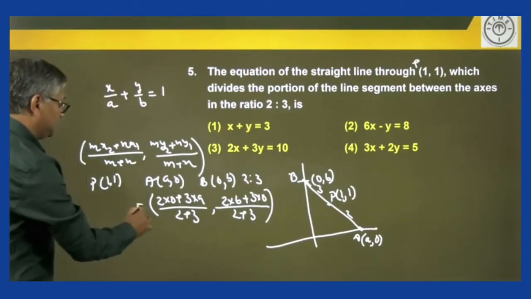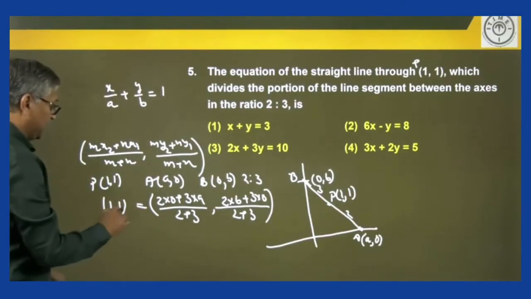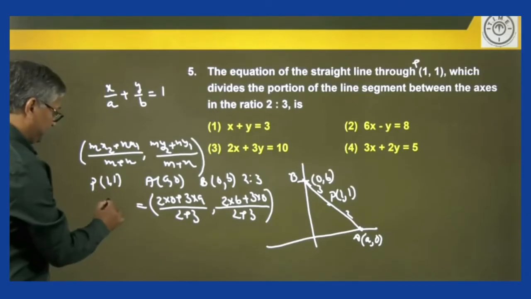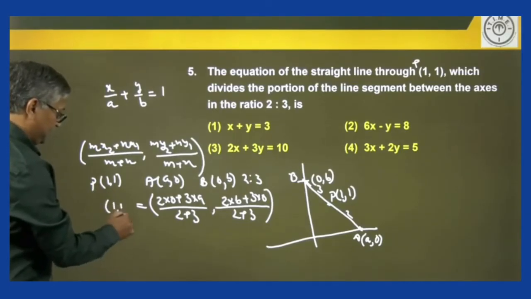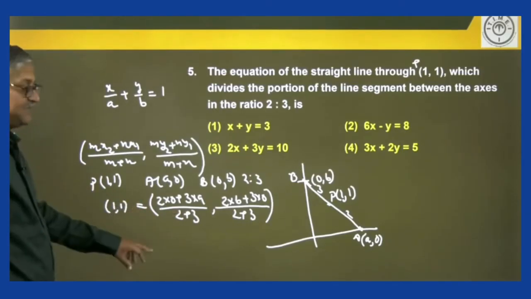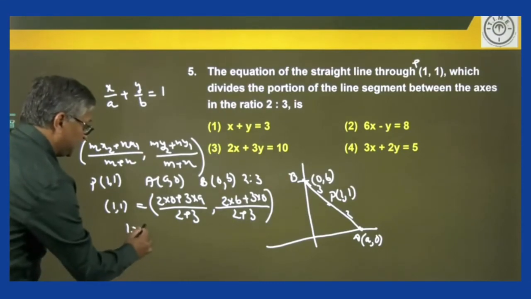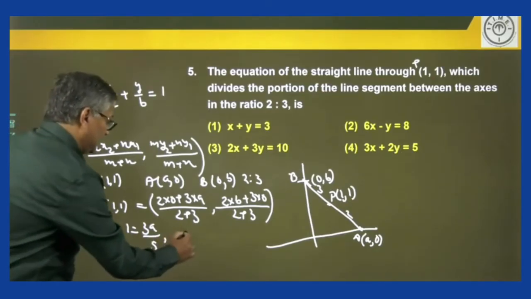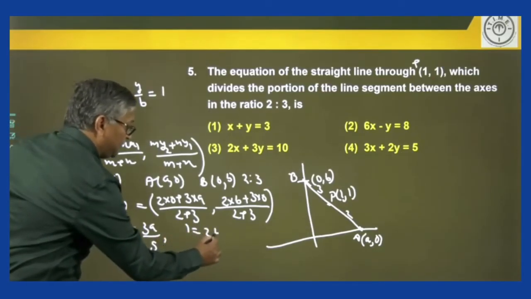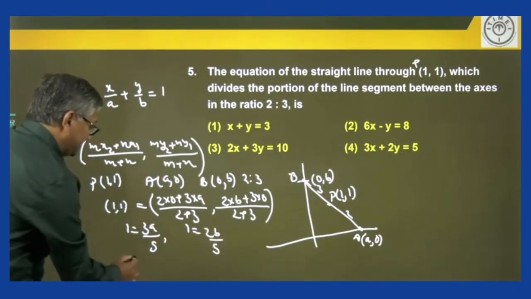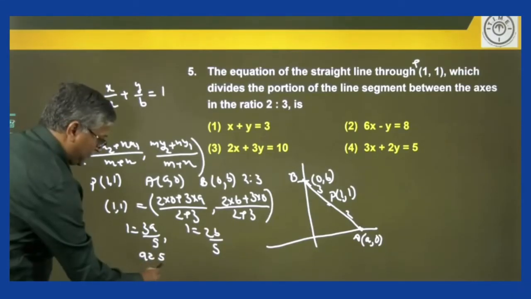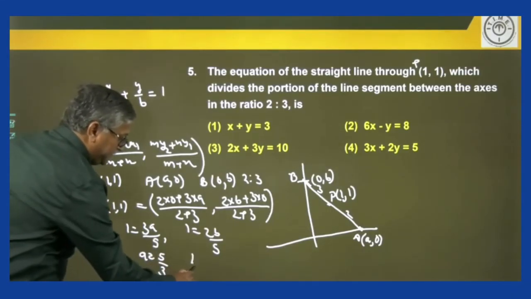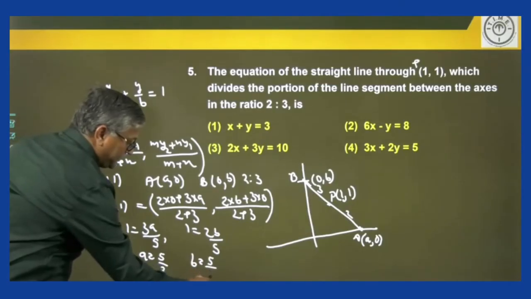This value must be equal to (1, 1). Equating, 1 is equal to 3a by 5 and 1 is equal to 2b by 5. So, what is the a value here? a is 5 by 3 and b is equal to 5 by 2.